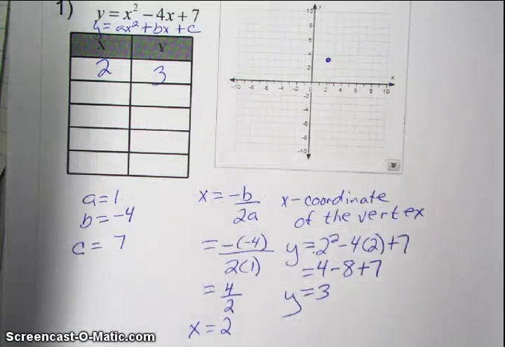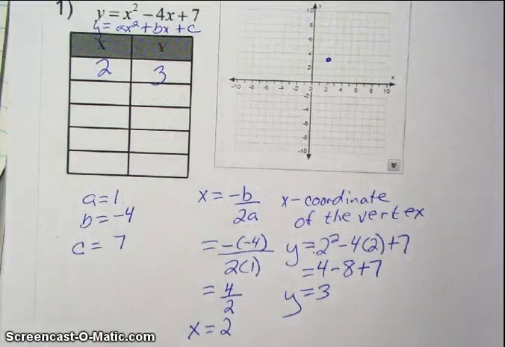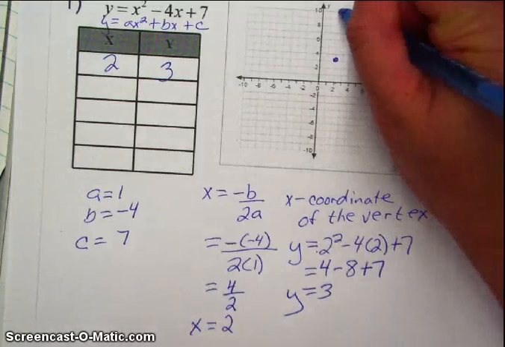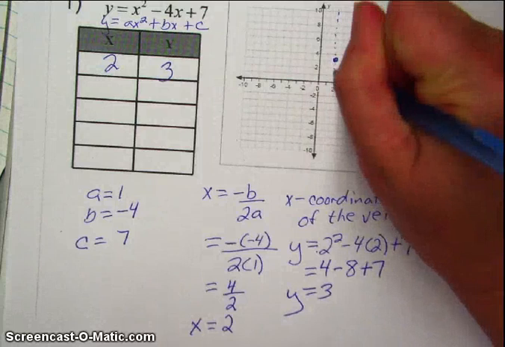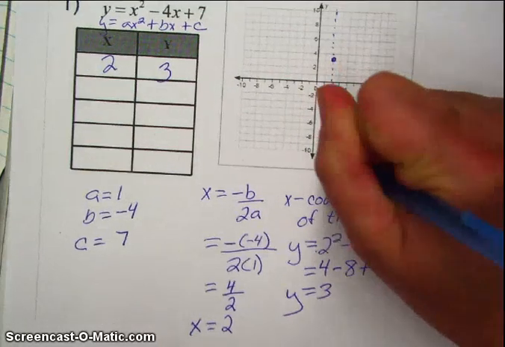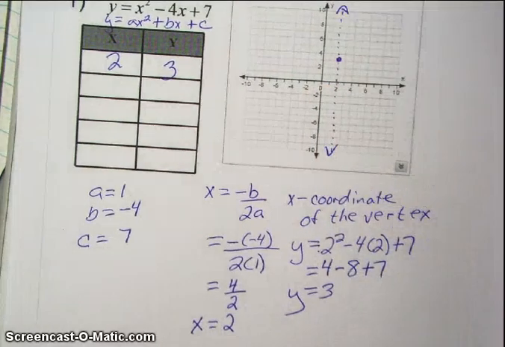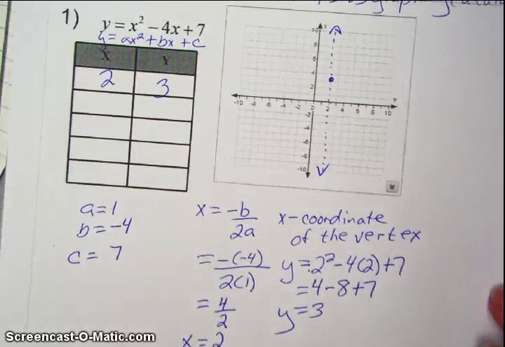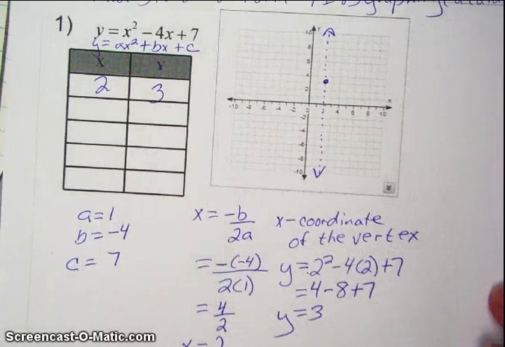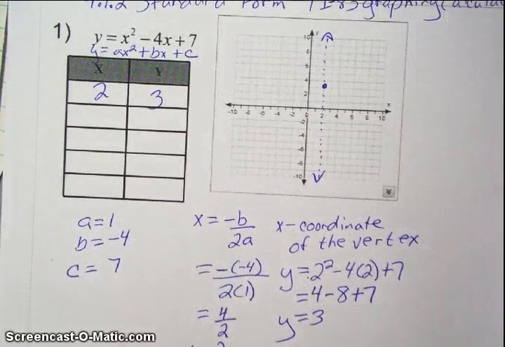So I am going to draw a dotted vertical line through that point. That is my axis of symmetry. Every other point on the parabola is going to have a reflection across that axis of symmetry.